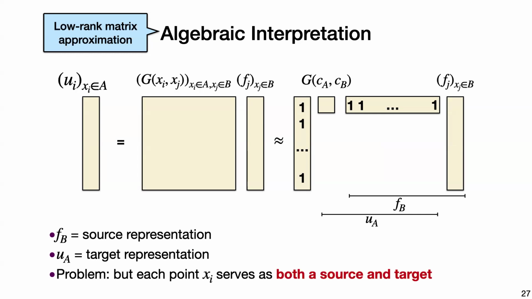The low rank approximation is you just approximate it with 1 single value g on the centers C sub A and C sub B, and you just multiply with the all ones vector. You still have f of j. This is fine. This is just your input. And the weird thing about this is that, like I was saying, every point is both the source and the target.